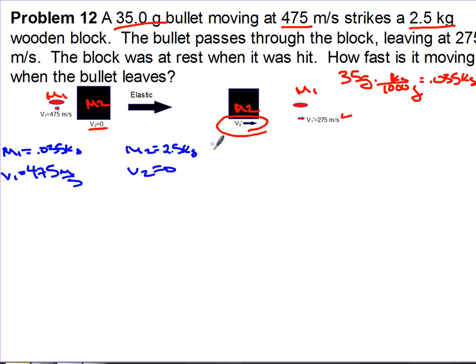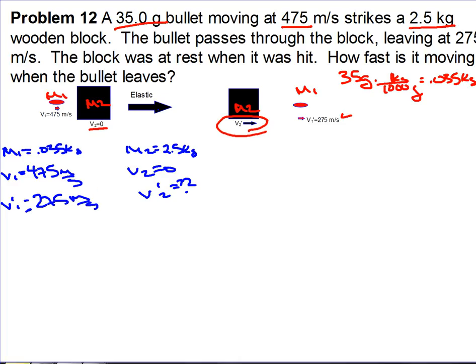Now what about after the collision? V1 prime, I don't know, I want to find that. V2 prime. Oh no, I'm looking for V2 prime. I know V1 prime: the bullet is moving at 275.